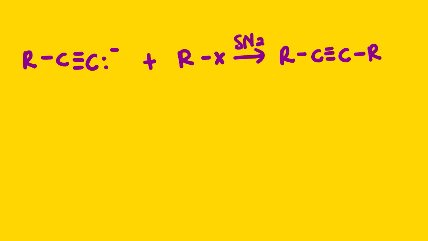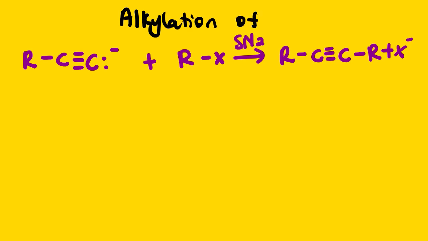This one will be a different type of alkyne, plus our halide ion. This synthesis we call alkylation of alkyne ions.